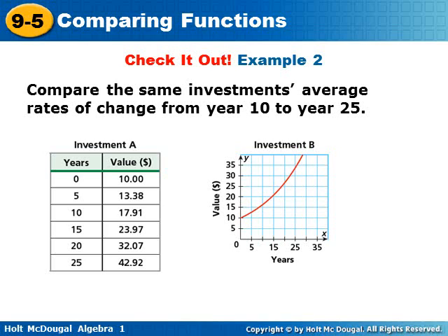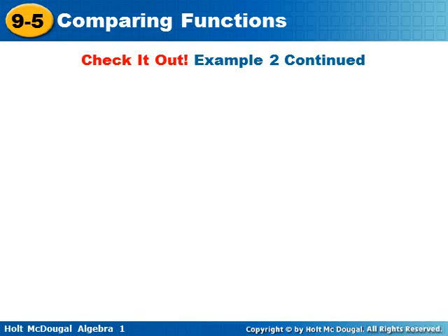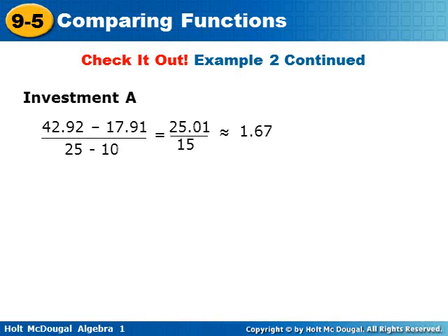Compare the same investment average rate of change from 10 years to 25 years. This one's for you to try on your own, and then you can check back for your answer. So you need to find the average slope. We are going to use y2 minus y1 divided by x2 minus x1. So we have 42.92 minus 17.91 divided by 25 minus 10.